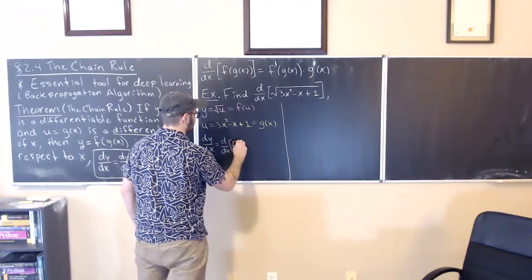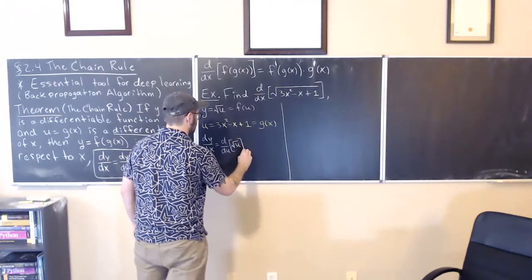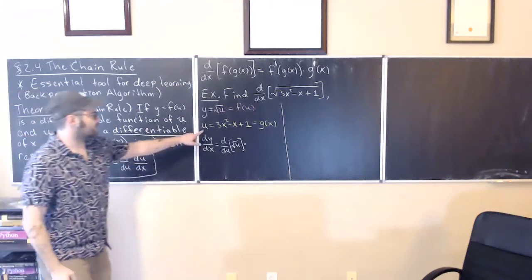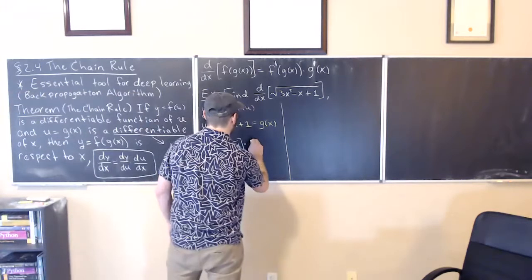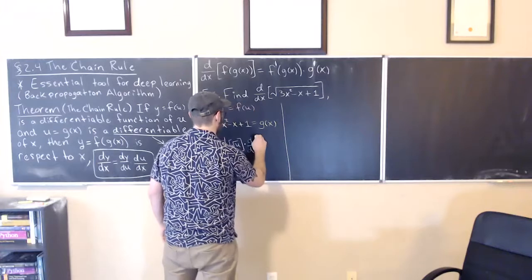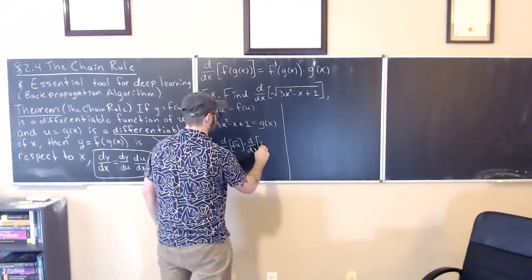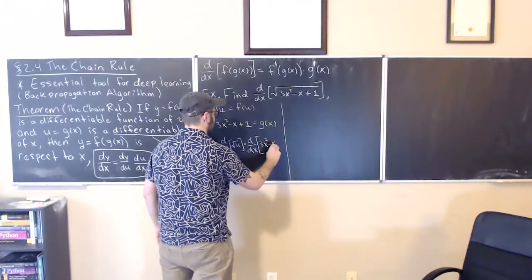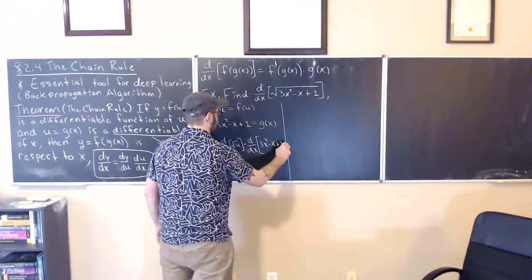It's the square root of u, times du dx. So this is u. So then d dx of 3x squared minus x plus 1.